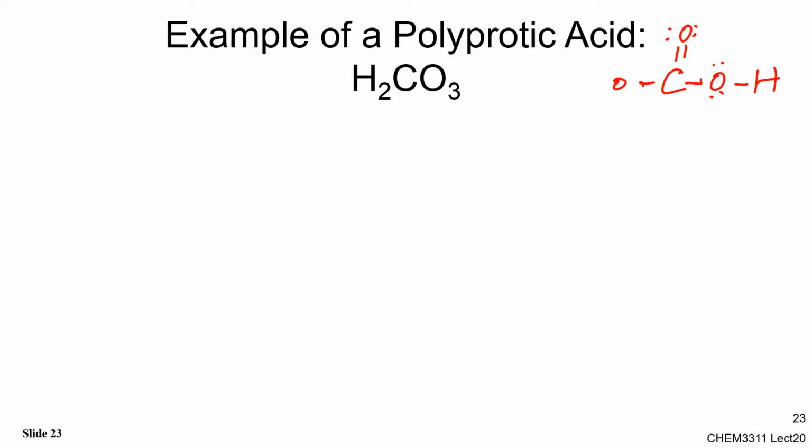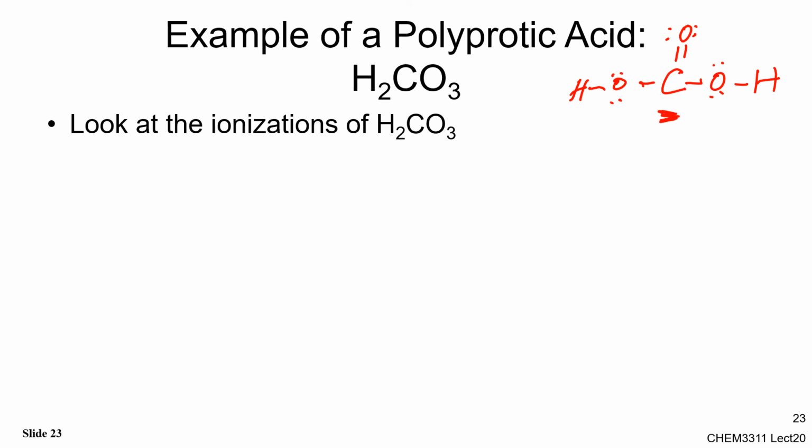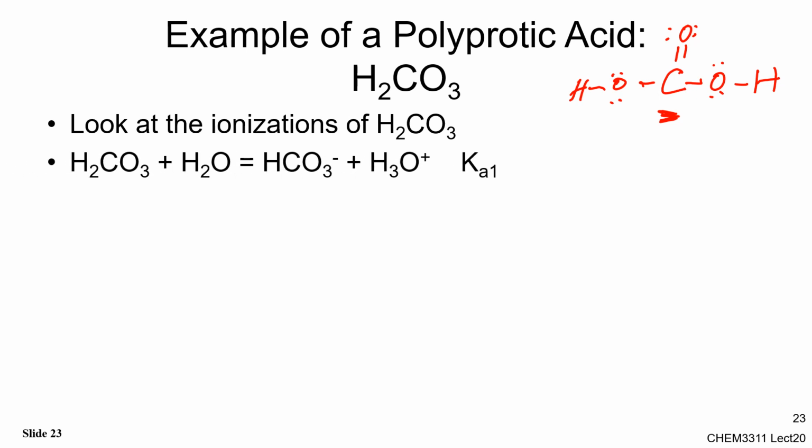We have a second carboxylic acid group, but they're sharing the same carbonyl. Now, what we're going to do is remove one of these protons. That's going to be our first ionization, right? It doesn't matter which proton you remove. It has the same Ka. The left proton or the right one will have similar lability, how labile, how easily removed they are.